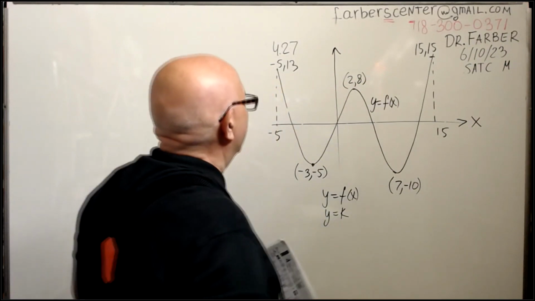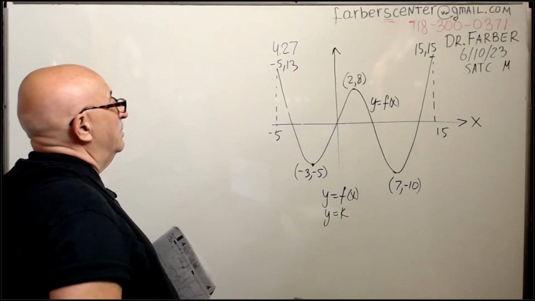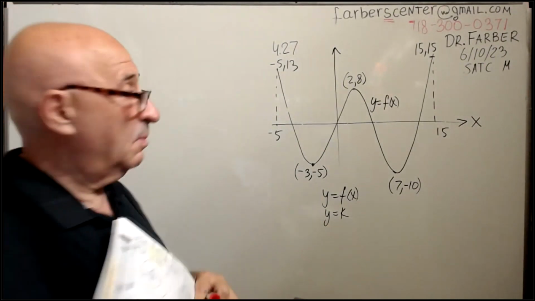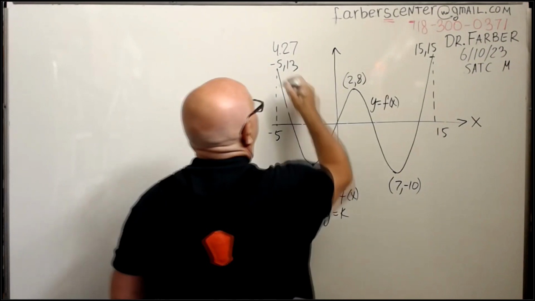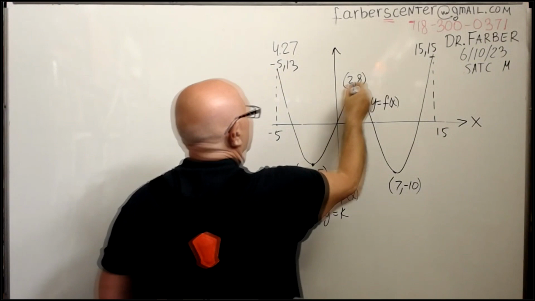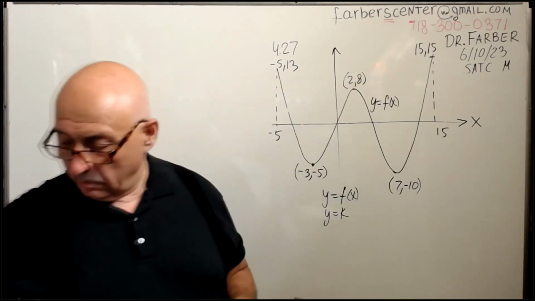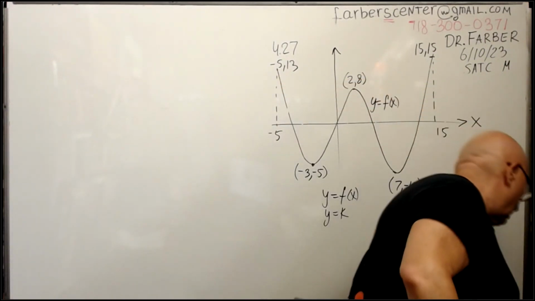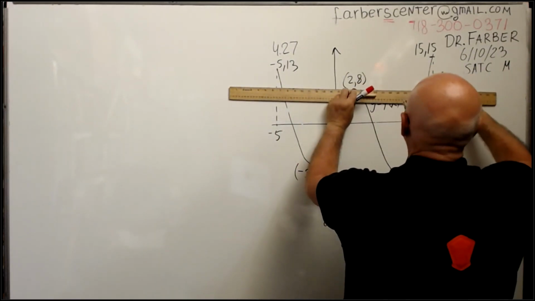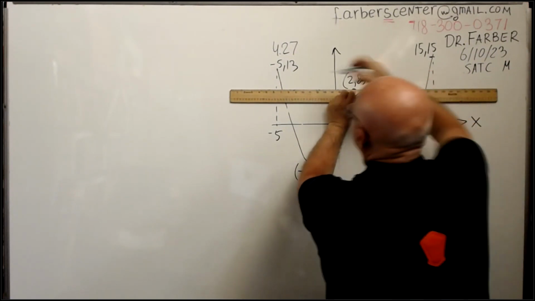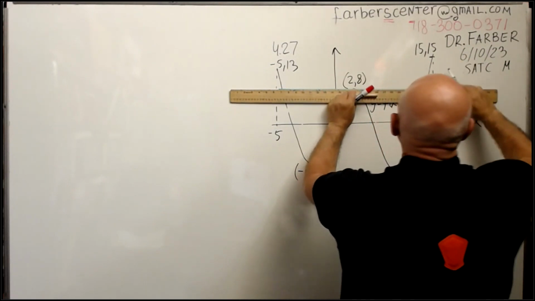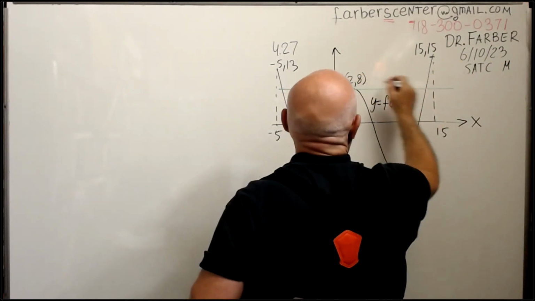So this is your second question. Make a line. If I make a line over there, I have only 2 points of intersection, not good. So let me take a ruler. I have 2 options here. If I make a line parallel to the x-axis here, I will have exactly 3 points of intersection: 1, 2, and 3.